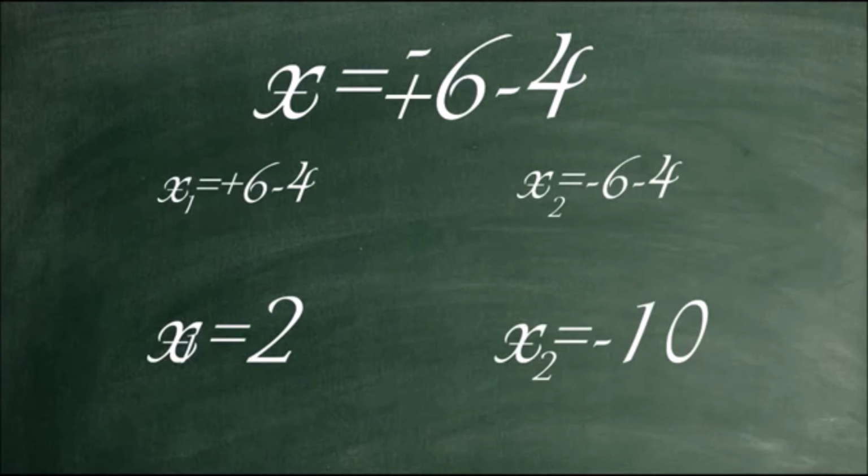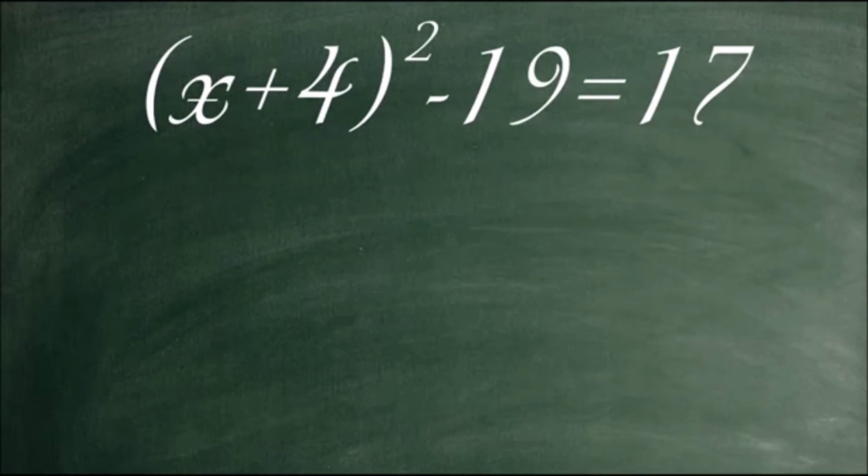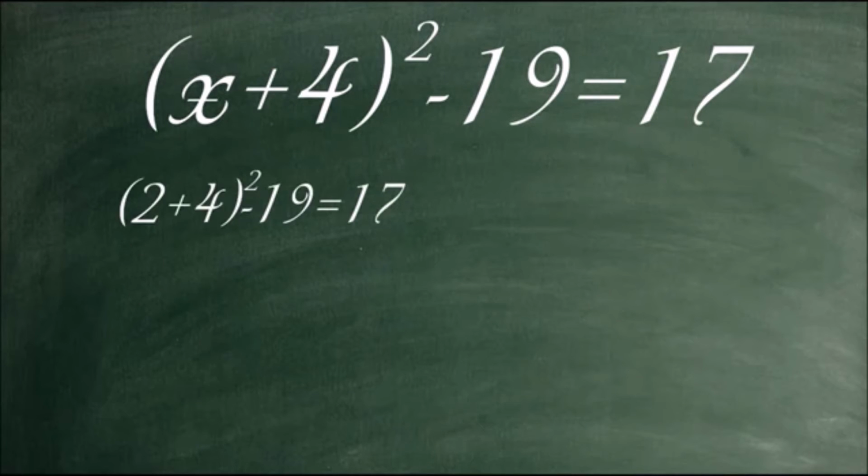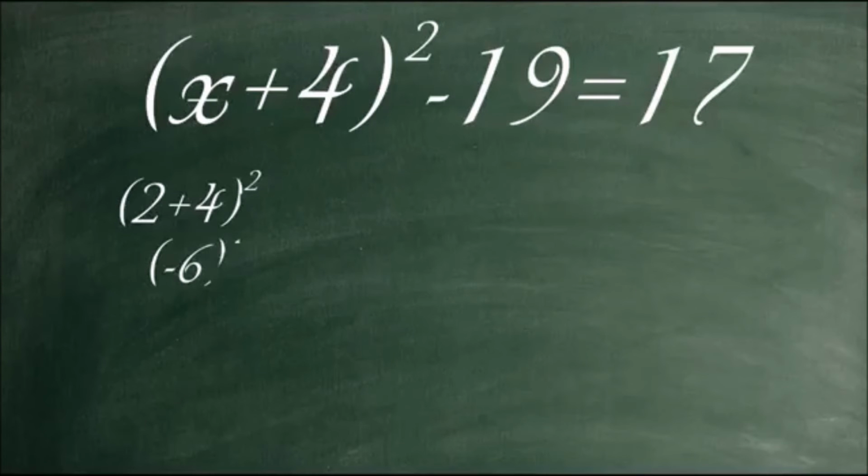To check both values of x, simply substitute them to the original given. If x is equal to 2, quantity x plus 4 squared minus 19 equals 17 will be quantity 2 plus 4 squared minus 19 equals 17. Then solve the equation by applying the rules of grouping first. Quantity 2 plus 4 squared will be 6 squared. Then the squared value of 6 is 36.